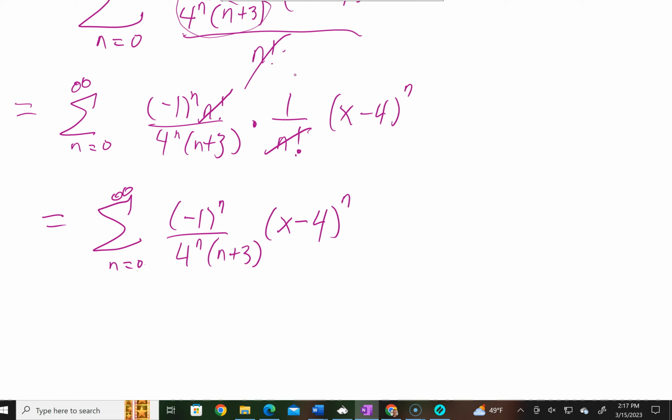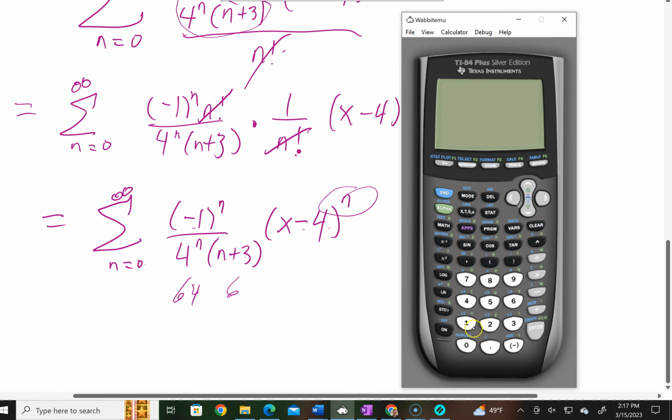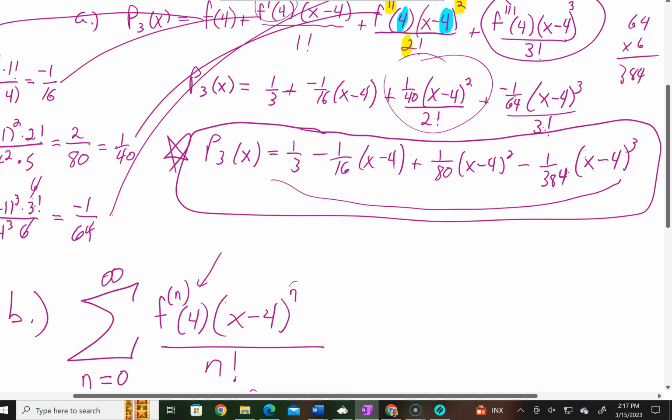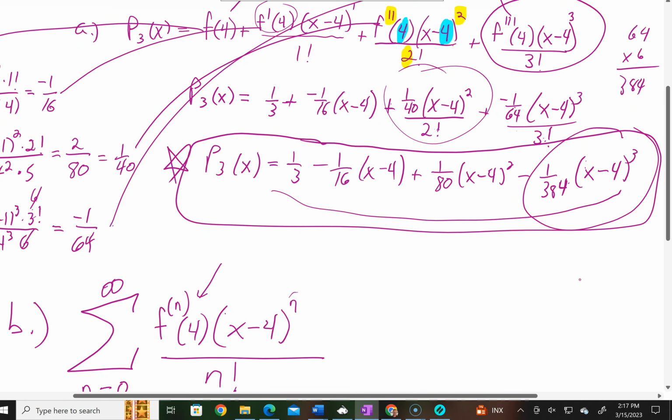If it was n equals 3, you'd have x minus 4 to the third. Down below, you'd have 3 plus 3 is a 6. 4 to the third was 64. And you'd have negative 1 to the n was negative 1. And you'd have 6 times 64. What is 6 times 64? We worked that out by hand a moment ago. Oh my gosh, yes, we did get that.